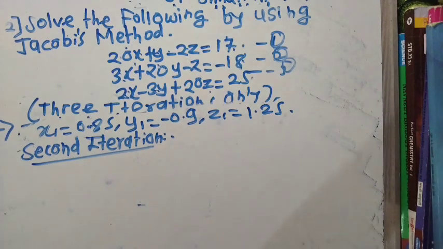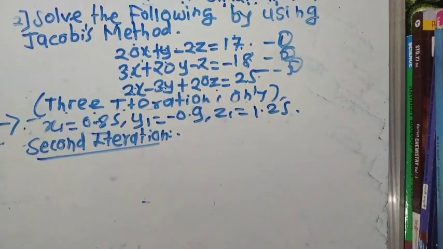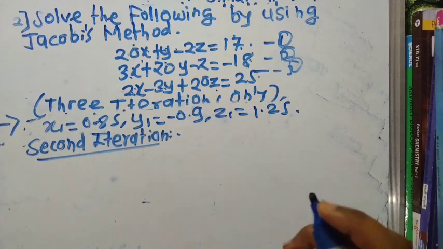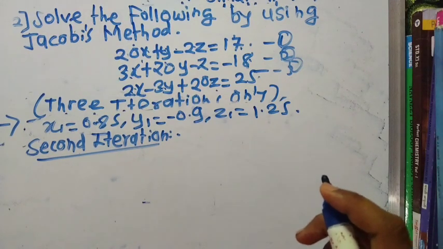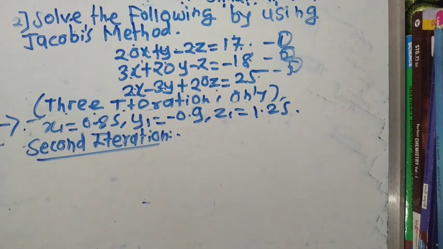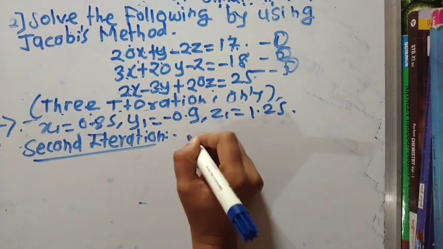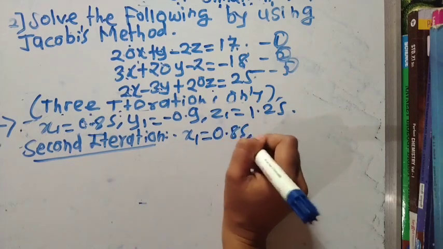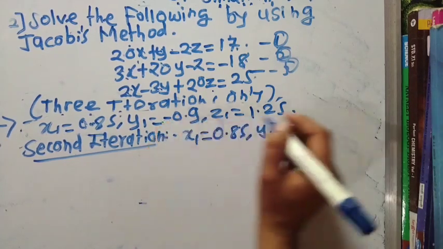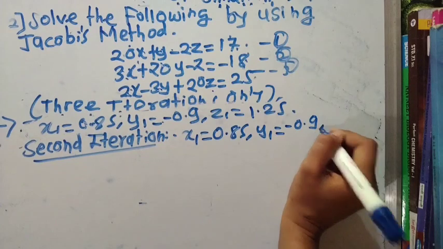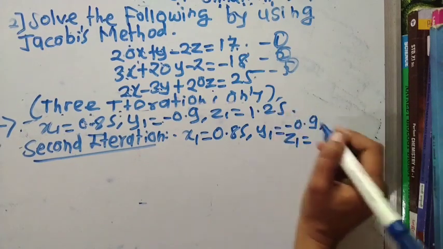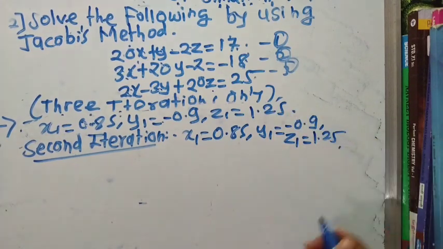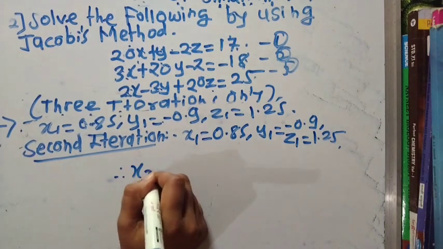For the second iteration, x1 is equal to 0.85, y1 is equal to minus 0.9, and z1 is equal to 1.25. Then first find out x2.